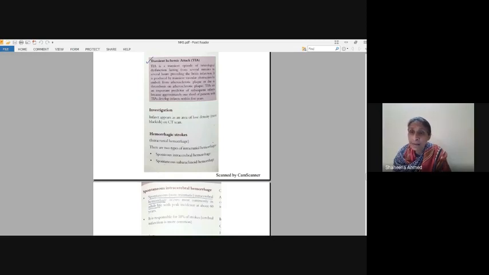If we can intervene in time, we can correct these pathologies and prevent a stroke. But if we ignore this, then 1/3 of the patients may suffer from stroke.